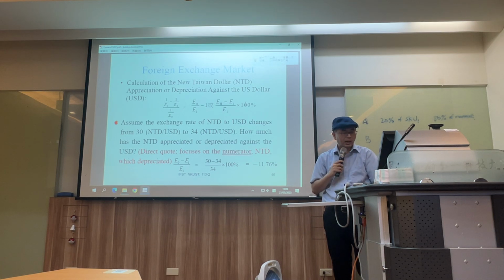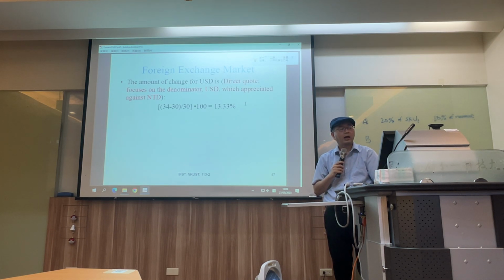Good. And then if you want to know about the change for the US dollar, in the direct quote the USD is the denominator, right? So if you want to know about the denominator, then we just use 34 minus 30 divided by 30 times 100, and then we will get 13%.